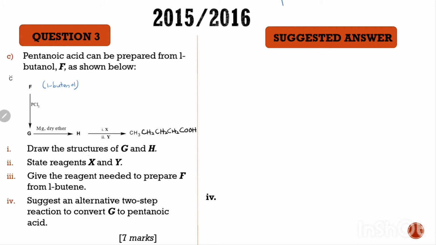So the question is, draw the structures of G and H. State reagents X and Y. Give the reagent needed to prepare F from 1-butene. So we will prepare 1-butanol from 1-butene. Okay, and then suggest an alternative 2-step reaction to convert G to pentanoic acid. Okay, so 7 marks for this question.